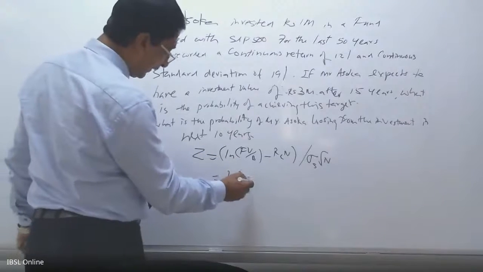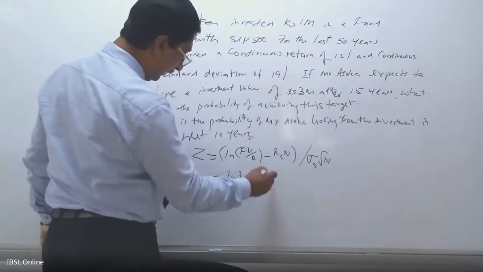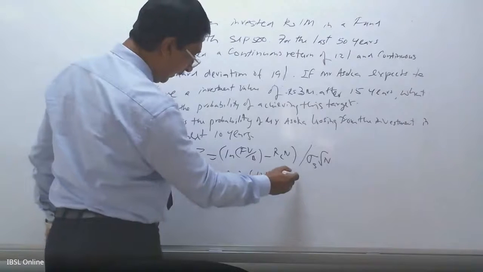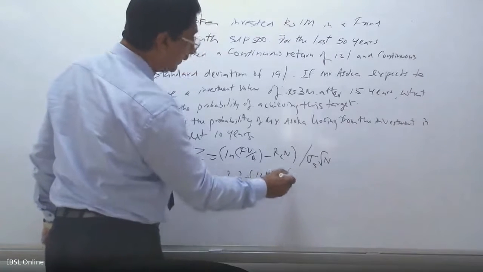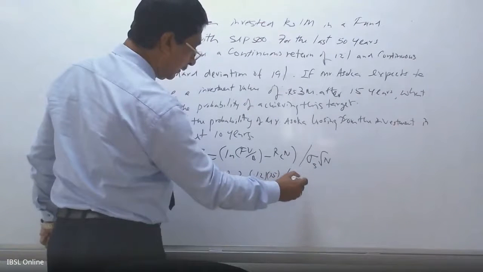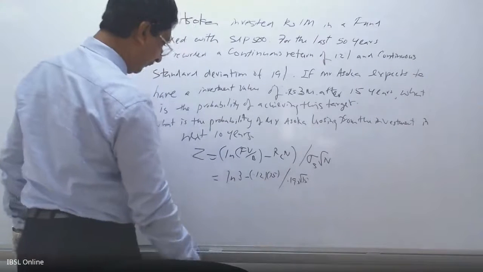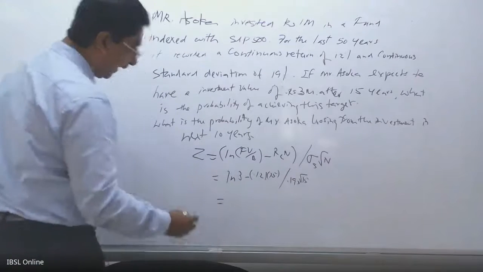Then what is RC? It is 0.12. N is 15. Divided by sigma S is 0.19. Square root of N is, now we can put the values there.